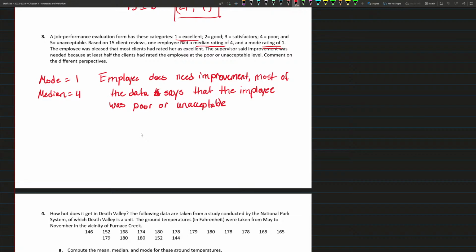Something along those lines. It's just asking you to take that data, measure the variation, and pinpoint where most of that data is coming from.